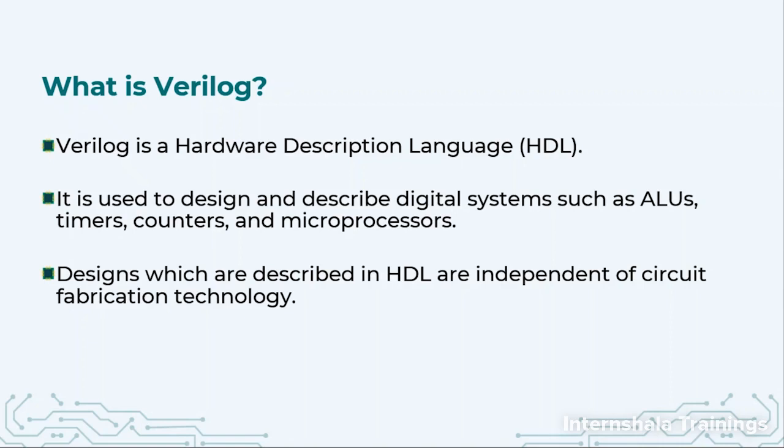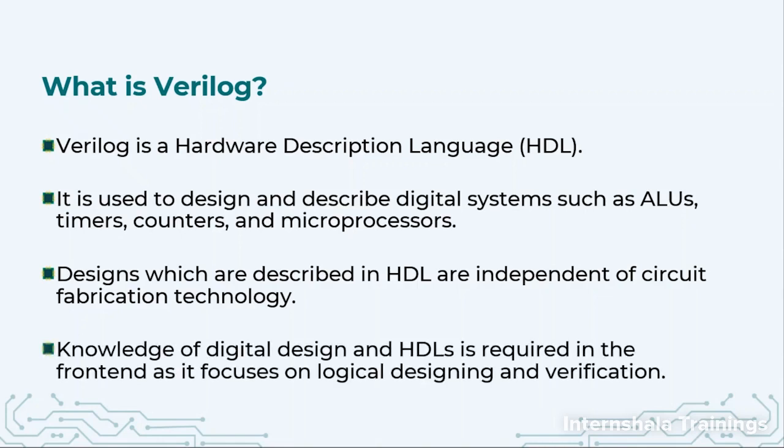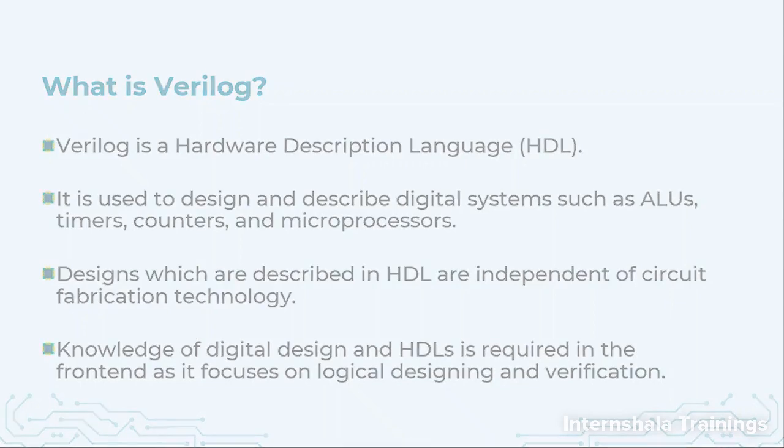You don't have to worry about in which technology the design will be fabricated. So HDL implementation is independent of that. Knowledge of digital systems, digital design, and HDL is required for a front-end VLSI engineer.